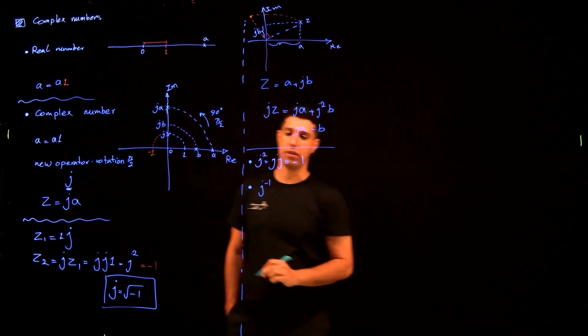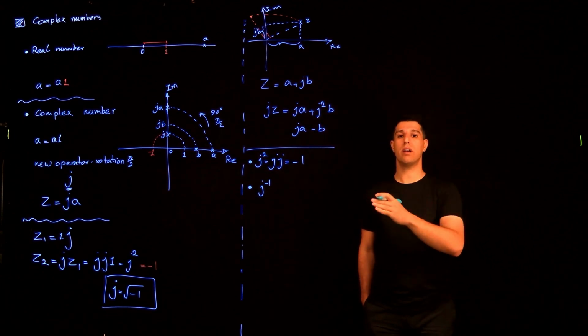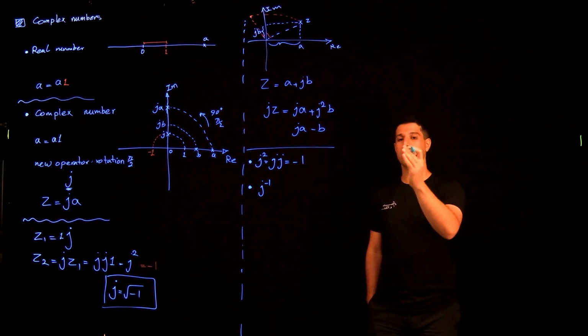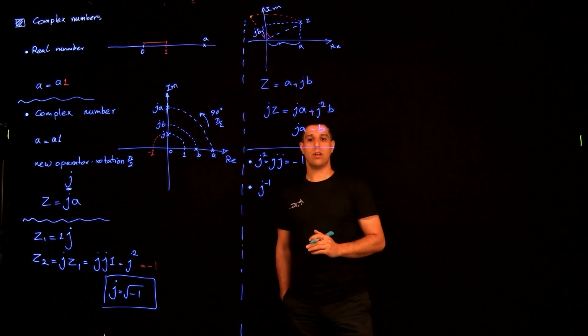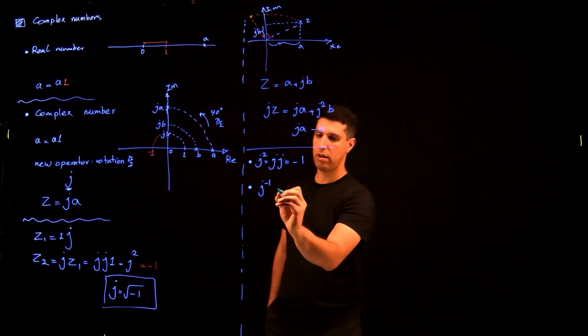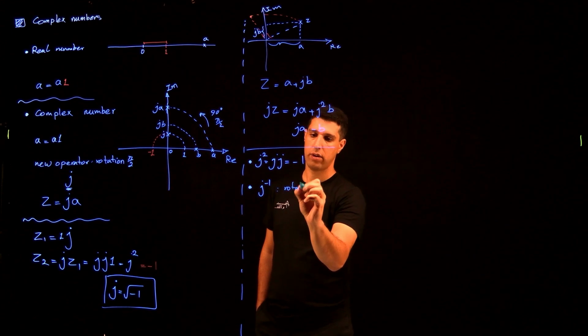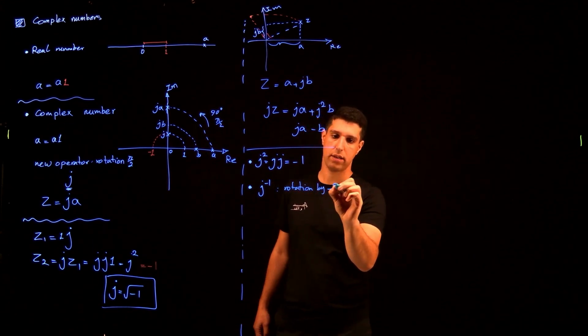J inverse: remember we defined J as a rotation by 90 degrees, and I didn't mention it, but the direction is counterclockwise. The inverse of that operator is a rotation by minus 90 degrees.